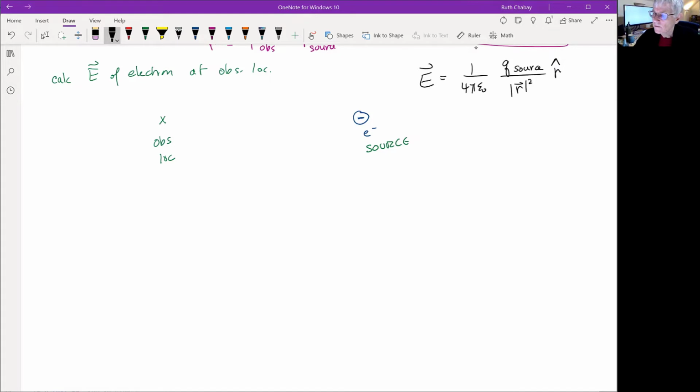And notice that this equation could be written this way. We could write the electric field as a function of the vector r, because of course that is what we're calculating. This functional dependence is actually implicit. We just don't write it because it's a little simpler. There's less writing.